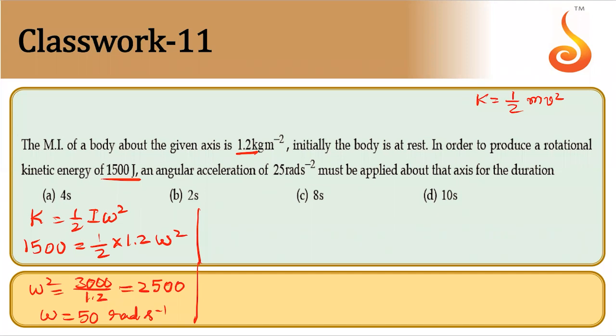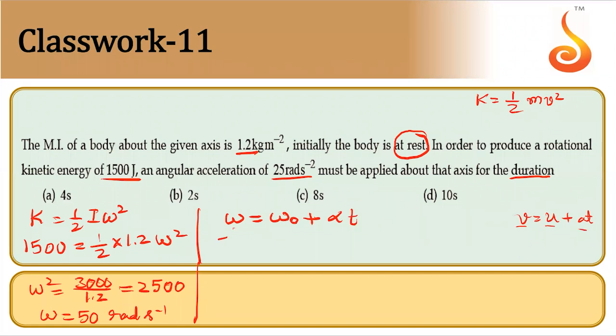So to gain this much angular velocity, for what time should the acceleration of 25 radian per second square act? You need to find the duration, time. It is given it starts from rest. So use the equation of motion, omega is equal to omega naught plus alpha into t, just like v is equal to u plus at. Replace all English letters by Greek letters except time.